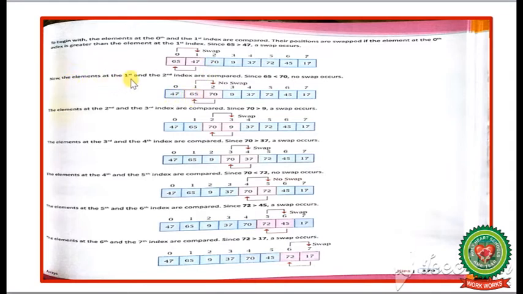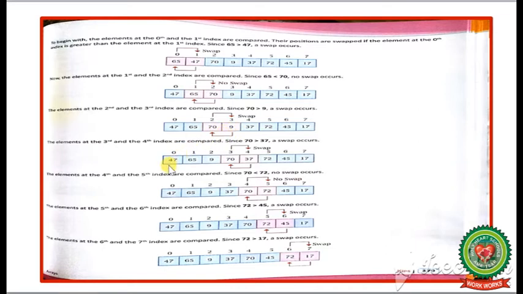Now the elements at the first and the second index are compared: 65 and 70. Since 65 is less than 70, there will be no swapping. Now the elements at the second and third position are compared. Since 70 is greater than 9, there will be a swap.